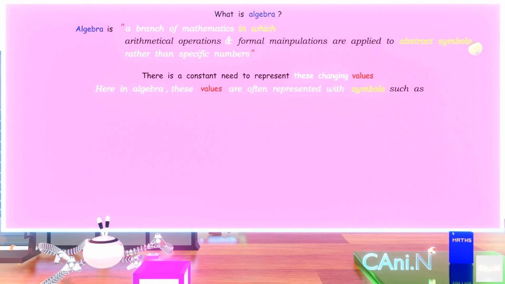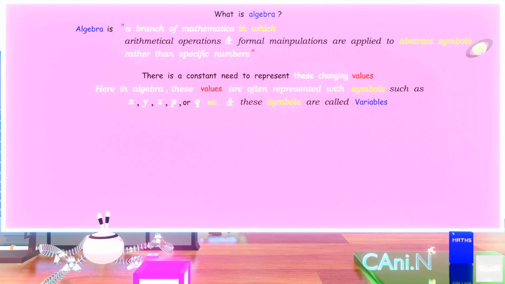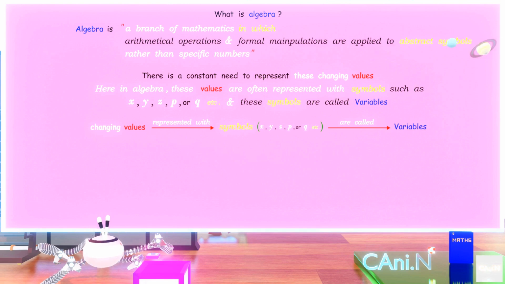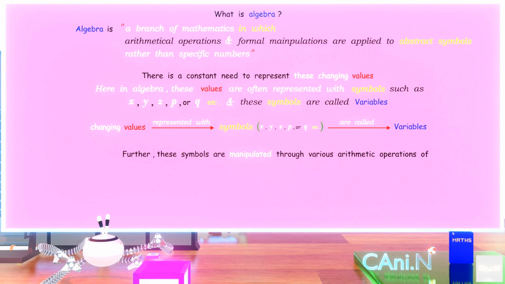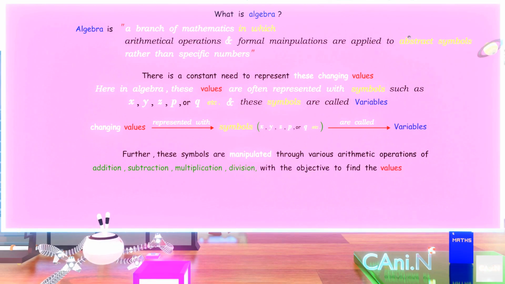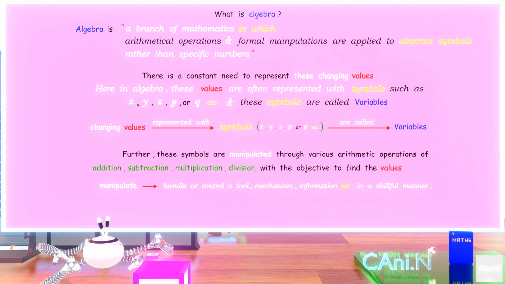Here in algebra, these values are often represented with symbols such as X, Y, Z, P, or Q, etc., and these symbols are called variables. Further, these symbols are manipulated through various arithmetic operations of addition, subtraction, multiplication, and division, with the objective to find the values. Here manipulate means to handle or control a tool, mechanism, information, etc., in a skillful manner.